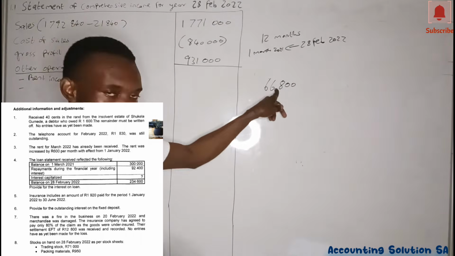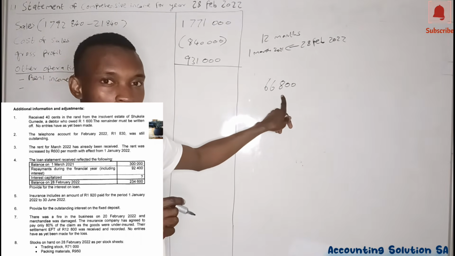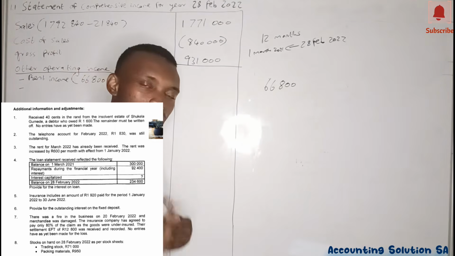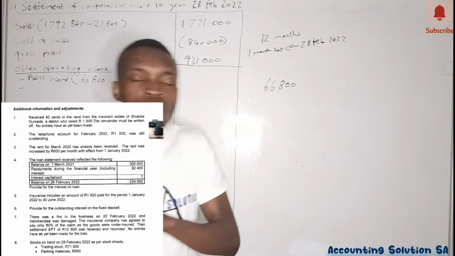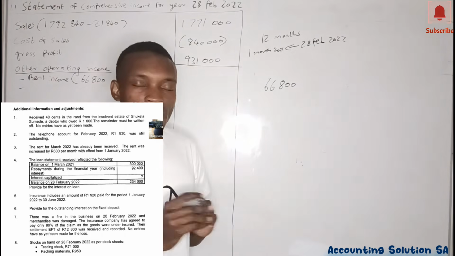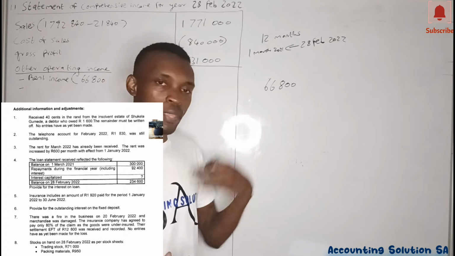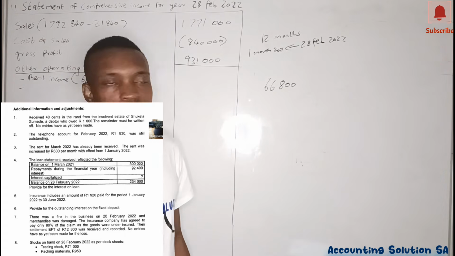It's for 13 months because they paid for March as well. But from January, rent has increased. So we have to subtract the rent increase first so that we can get the rent before the increase. Then we're going to add back the 600 that has increased.